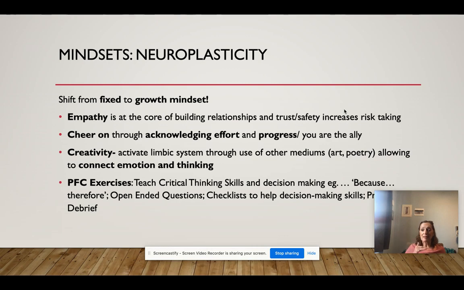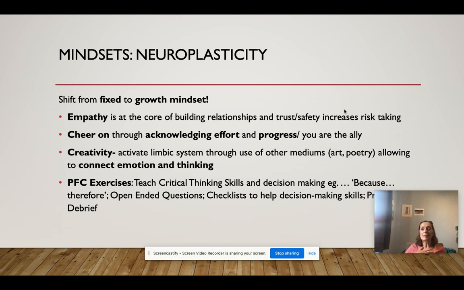But that's not going to happen unless there's empathy. And our role, no matter who you are in the school system, is to cheer on effort. You're going to acknowledge any effort that you see. And of course, you're going to acknowledge any progress too. And you're going to be the reflector of that progress.